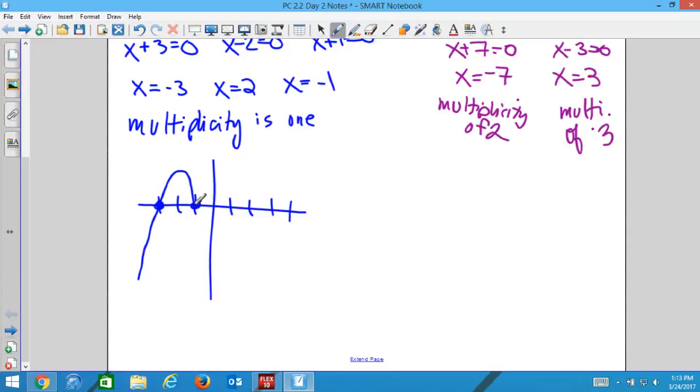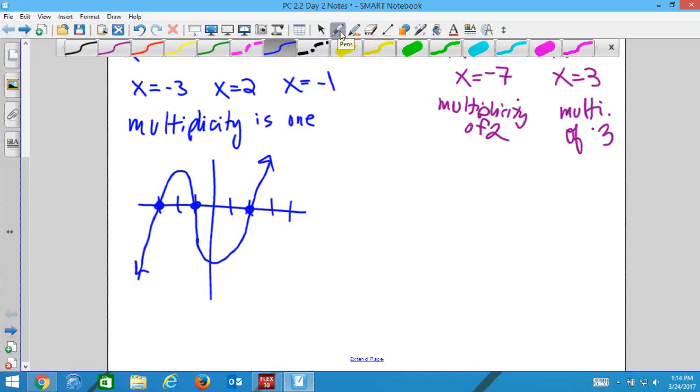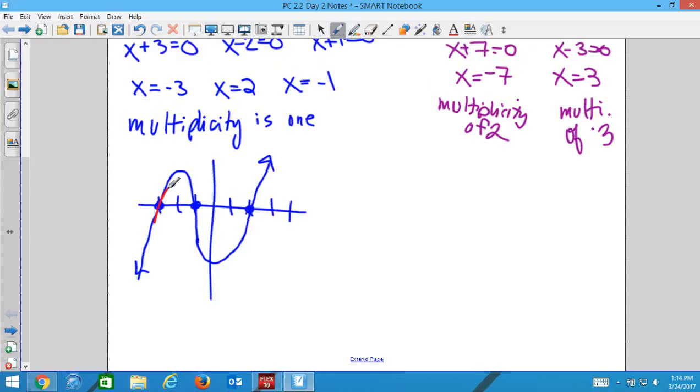Then what happens here? Negative y values, negative y values. And then at some point there is a turning point and it starts to get bigger, but it's all negative y values until we get to x equals 2, then it's positive y values. Okay? So what's happening at each of the zeros with a multiplicity of 1 is it's passing straight through.